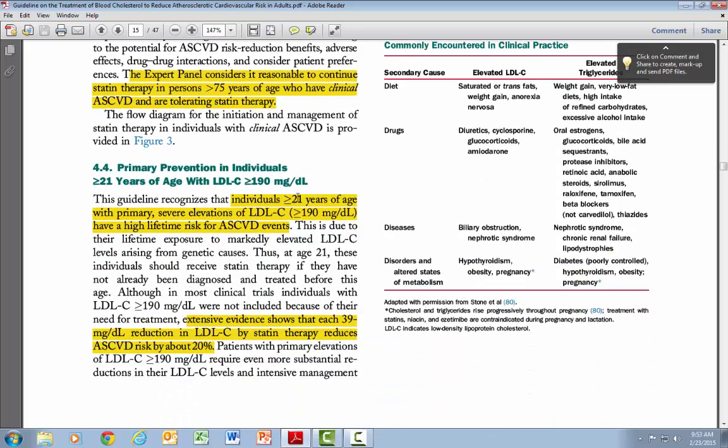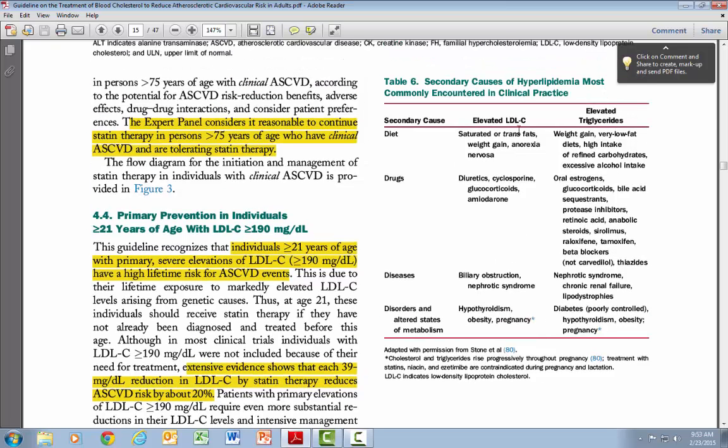For patients that are greater than or equal to 21 years of age and the LDL is more than or equal to 190, then consider lifestyle modifications and high intensity statins. What else do you do? Look for secondary causes. Is the patient taking saturated fat?